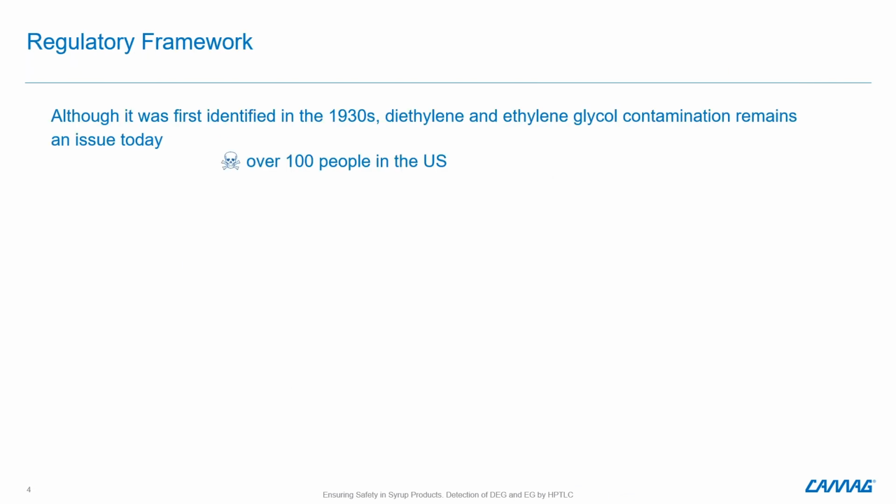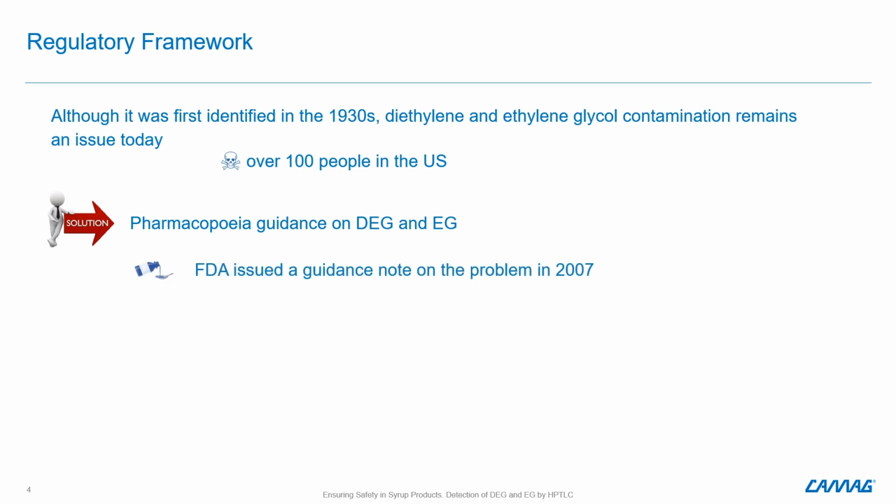DEG and EG contamination was first identified back in the 1930s. Over 100 people died in the US alone from DEG poisoning. Since then, regulatory agencies have been responding. The FDA issued a guidance note in 2007.